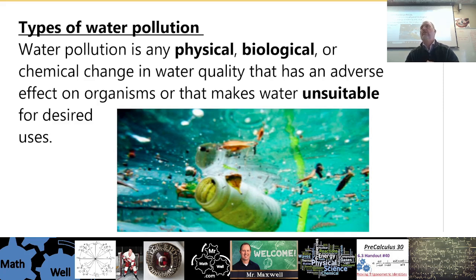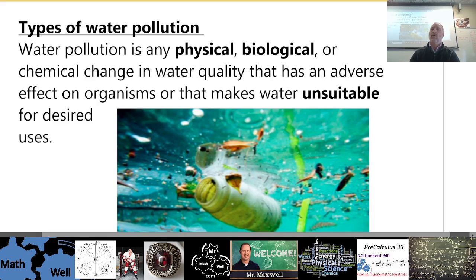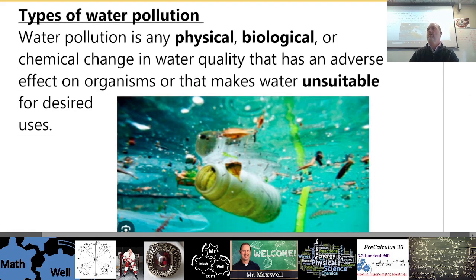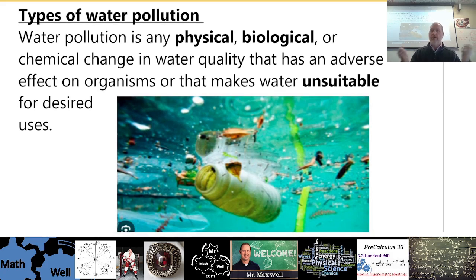So if it's going to make you sick or not function well, that is polluted water. If all of a sudden the water that you were using, even for recreation or anything like that, becomes unsuitable for that, that water is considered polluted, okay? So you can understand if you have a swimming hole or a lake or a stream that you swim in, but it becomes contaminated, it is polluted if you can't swim in there anymore, or if you can't use it the way you want it to.